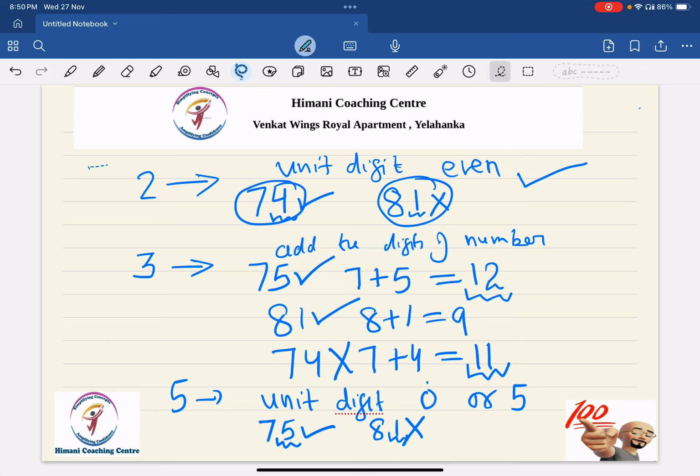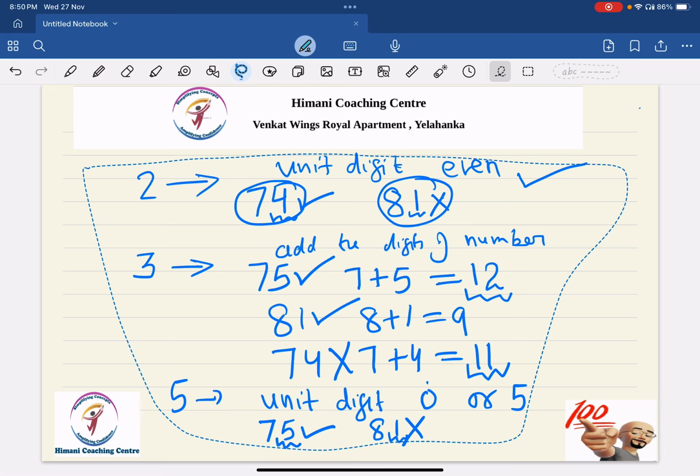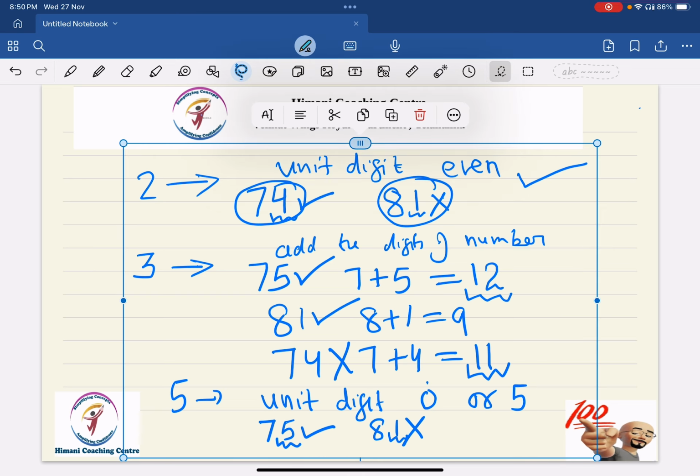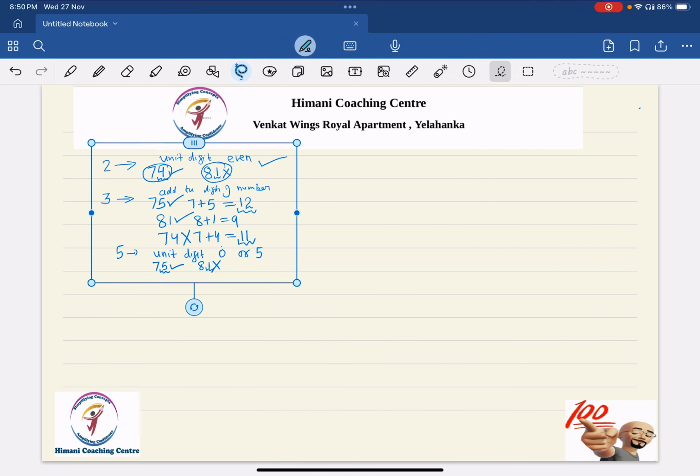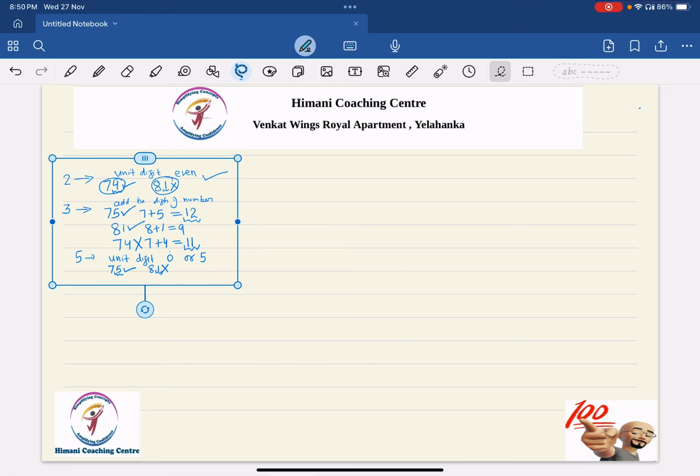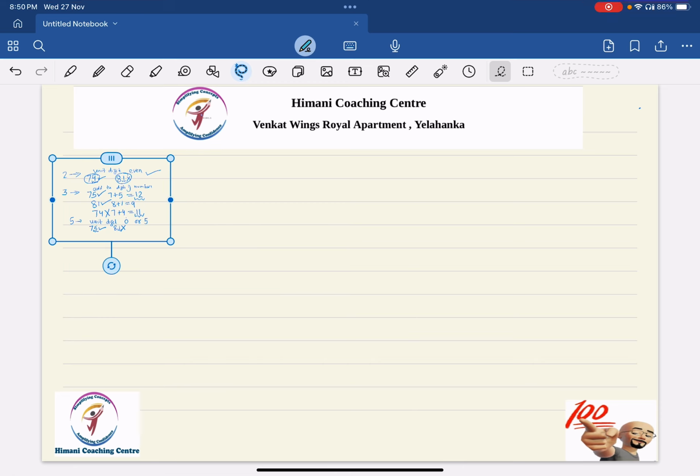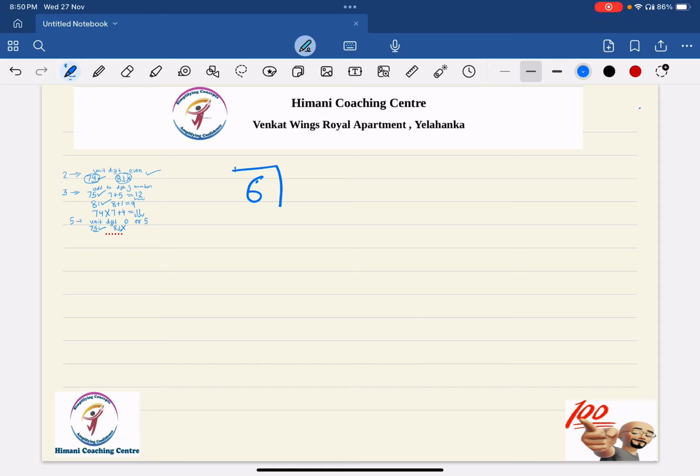Okay. Now today we will discuss divisibility rule by 6, because if we check the divisibility rules of 2 and 3, we get the rule for 6. What are we discussing? If a number is divisible by 6, what will we check?